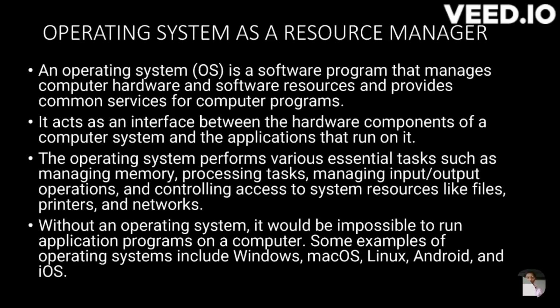The operating system performs various essential tasks such as managing memory, processing tasks, managing input and output operations, and controlling access to system resources like files, printers, and networks. Without an operating system, it would be impossible to run application programs on a computer. Some examples of operating systems include Windows, Mac OS, Linux, Android, and iOS.